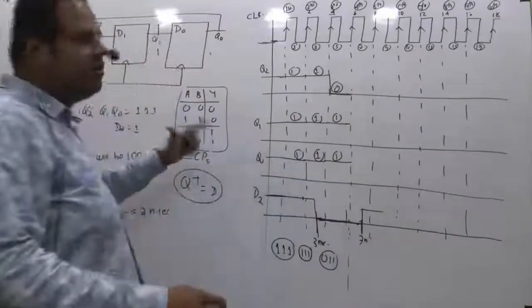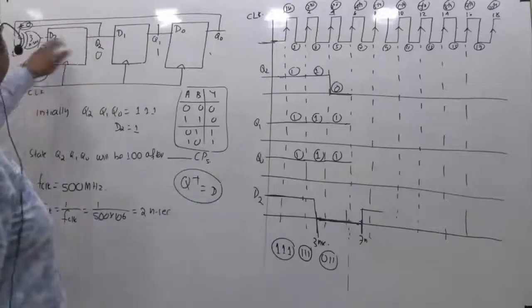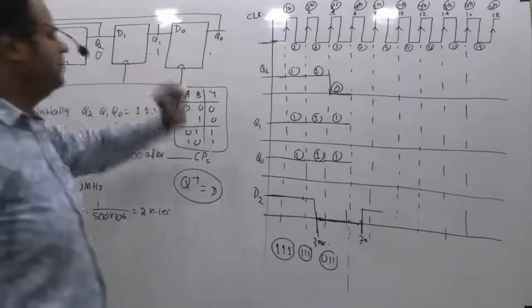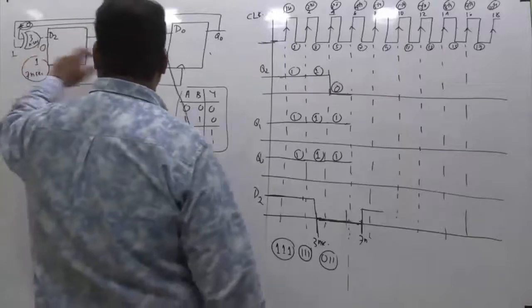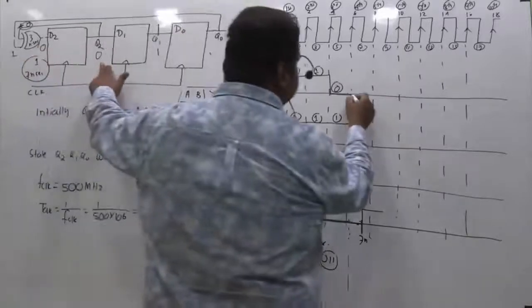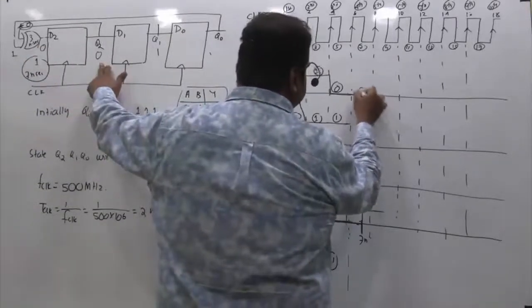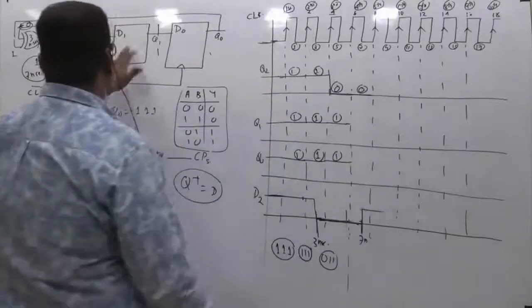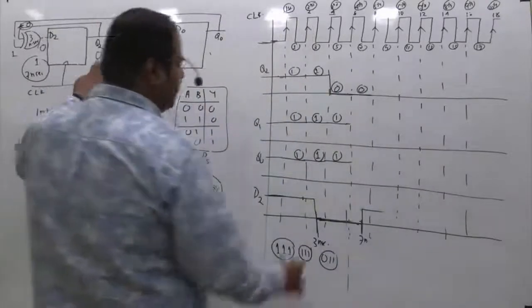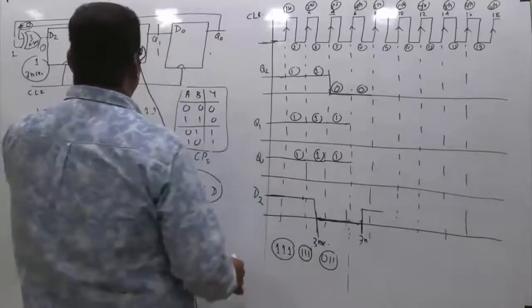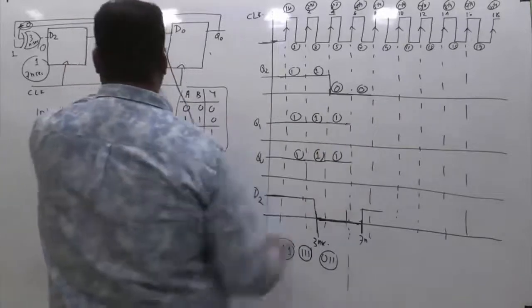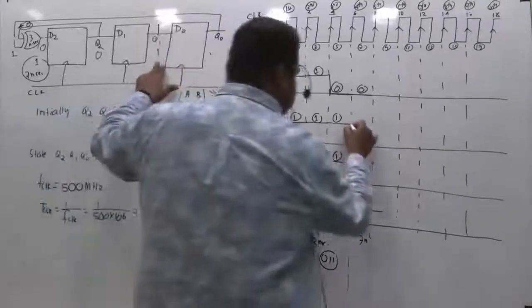Now when you give the clock pulse, what's going to happen? This 0 will come here, this 0 will come here and this 1 will come here. Because D2 is 0, Q2 will continue at 0 till the next cycle. Because Q2 is 0, Q1, which was earlier 1, will now be 0.